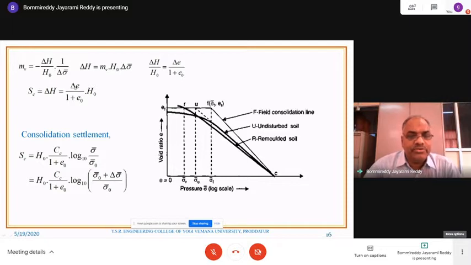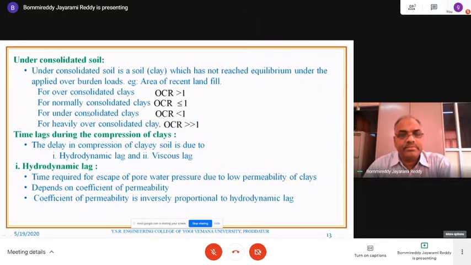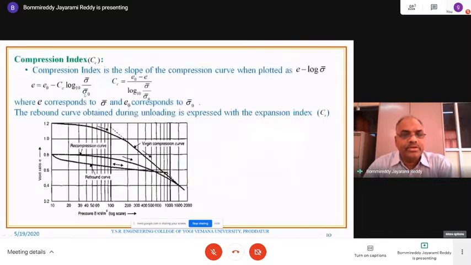I will go back and show you what is delta E. You can look at here, delta E equal to E naught minus E, which is equal to CC multiplied by log 10 sigma by sigma naught.